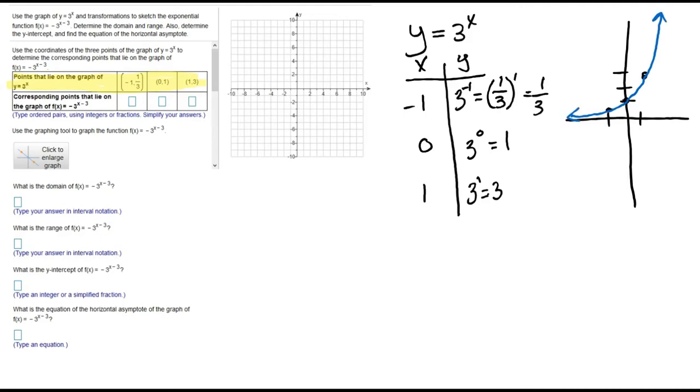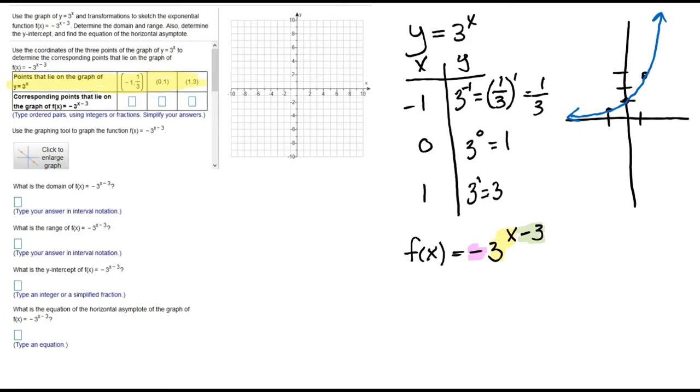Now the equation that we're looking at is f of x equals negative 3 to the x minus 3. And this is going to be a transformation of 3 to the x. You can kind of see the 3 to the x is there, but we have these extra operations of multiplying by a negative and subtracting 3.